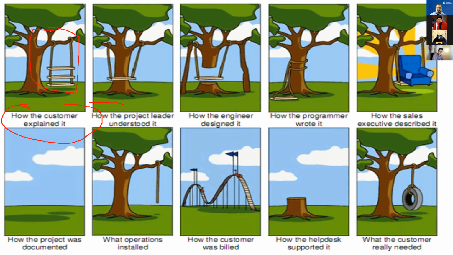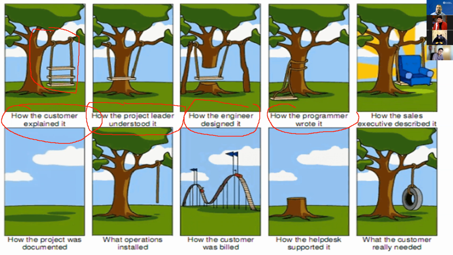Second is how the project leader, or who is responsible for the requirement stage, understood what the user said. And when you go to the engineer, is how the engineer designed what the user said.